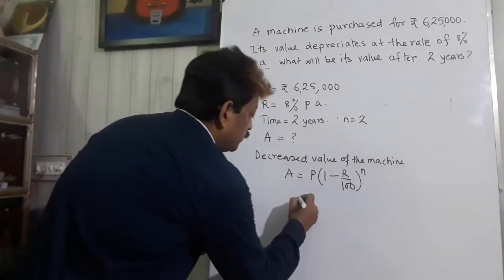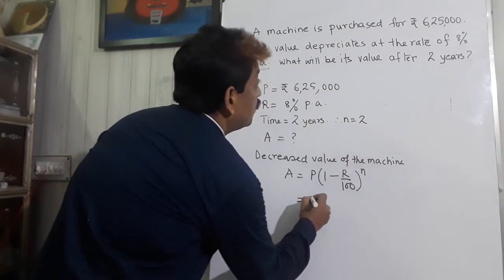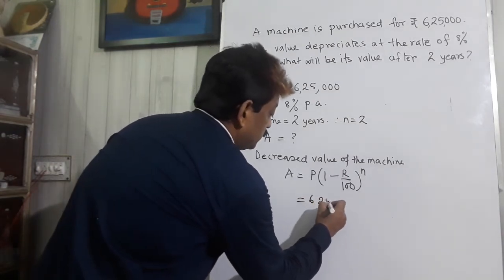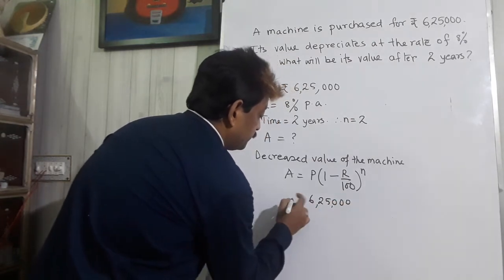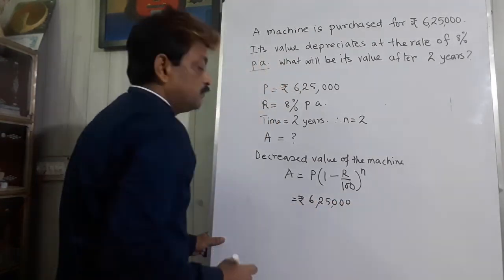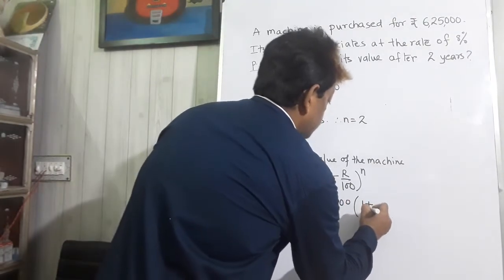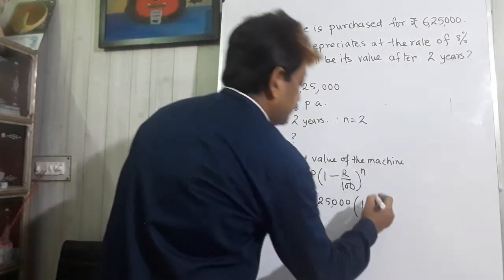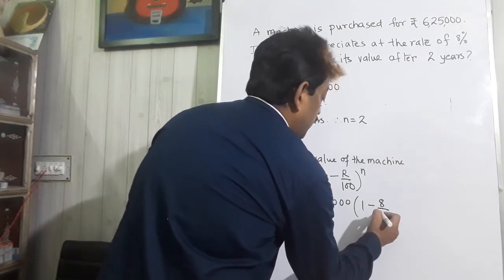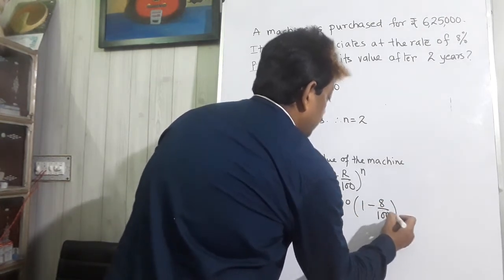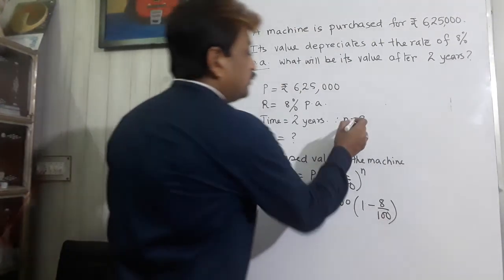So A we don't know, P is 6,25,000, R is 8%, so 1 minus 8 by 100, and n is equal to 2.